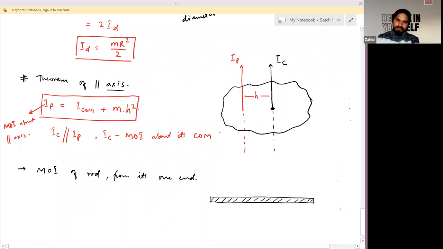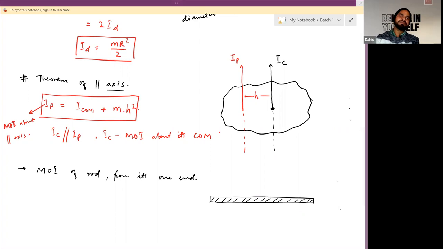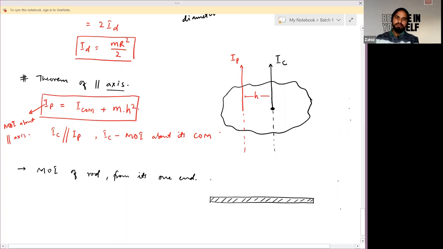This is the rod and the axis is about its one end, so it will be about this, which we have to find.